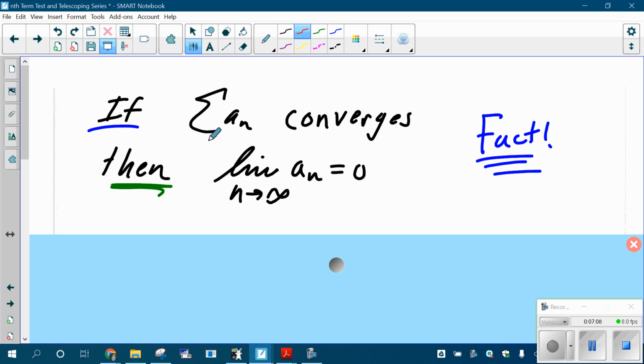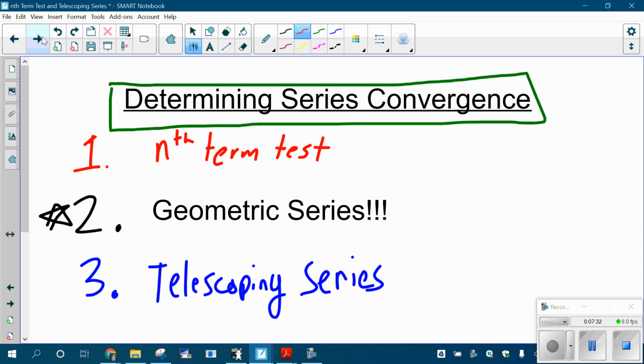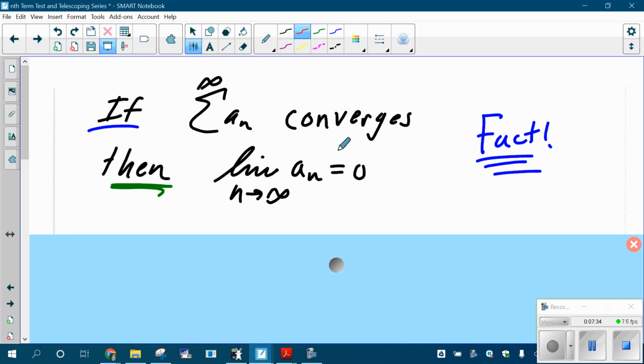If you have an infinite series, then the terms themselves have to be getting closer to 0. You cannot add up infinitely many things and get a number unless those things are getting closer to 0. And that's kind of the problem we're running into here. These numbers aren't even getting closer to 0; they're getting closer to 1. So if you add up infinitely many of them, obviously you're just going to get infinity. So if it converges, then this is true.